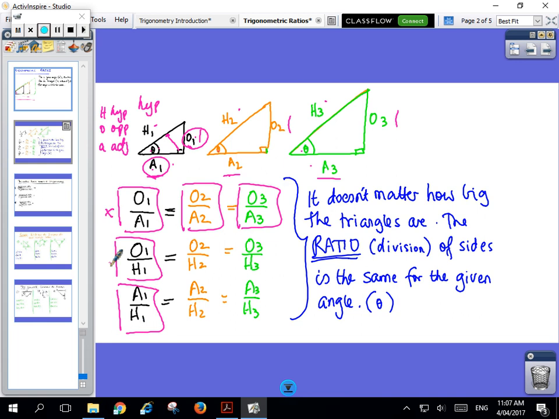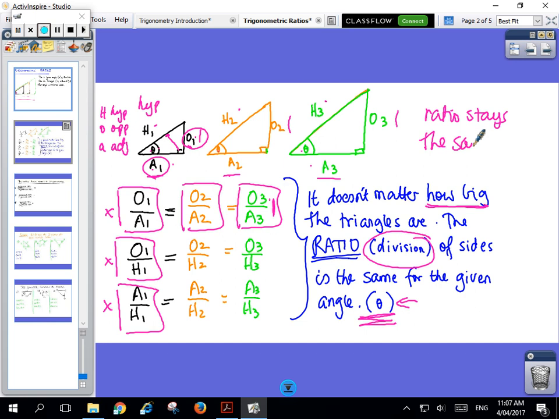And the reason we have them in this order will become apparent on the next page. So the important thing is, when you divide sides, that's called a ratio, and it doesn't matter how big the triangle is, the division of sides is always the same for some angle in the bottom corner. And you don't have to worry about what the angle is at this stage. You just have to know that the ratio stays the same.